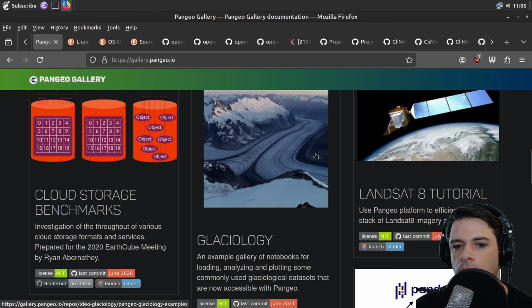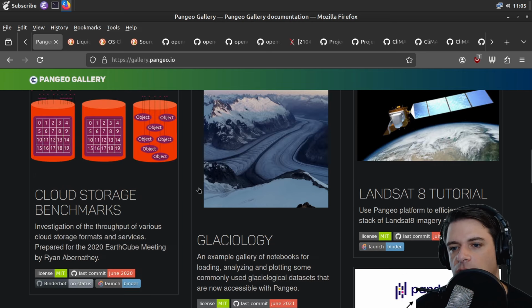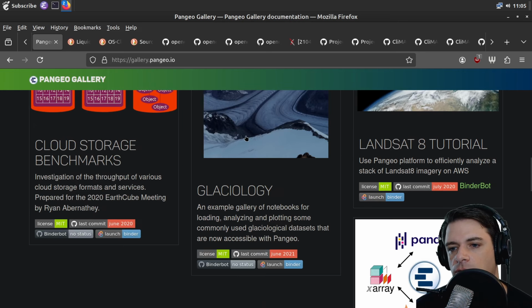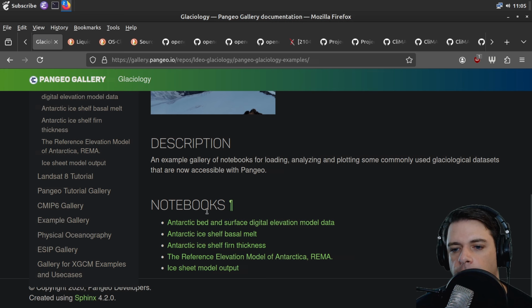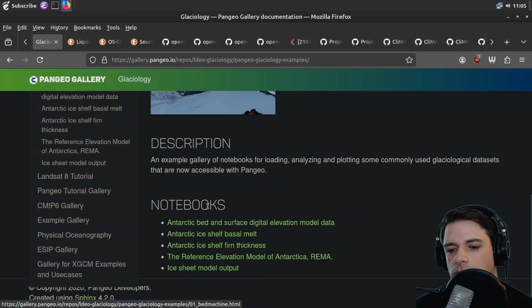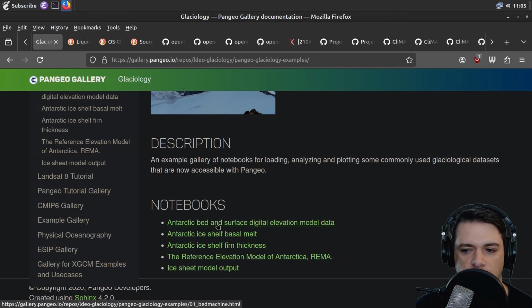Okay. So I don't know. Oh, glaciology, for sure. Can I click on this? Is there a repo? Yeah. Okay, so there's notebooks. How about Antarctic bed and surface digital elevation model data?